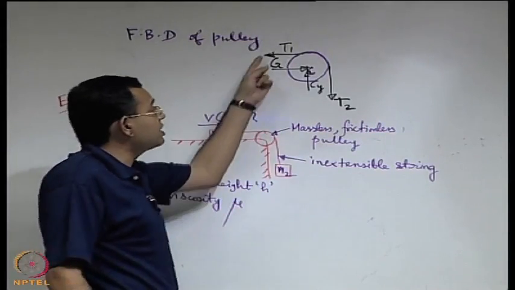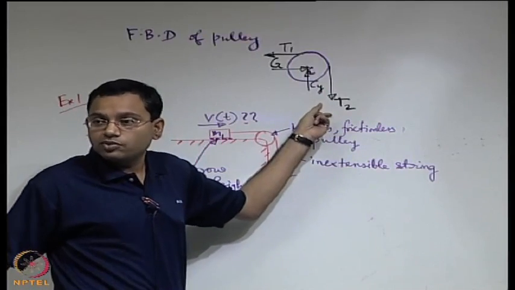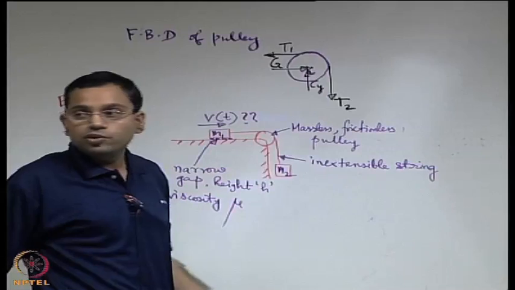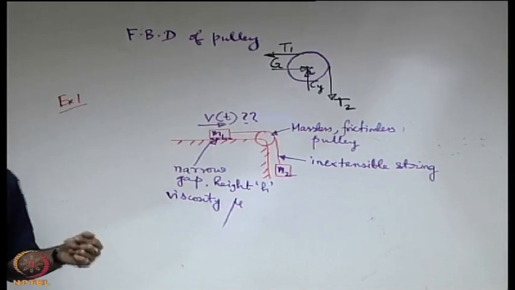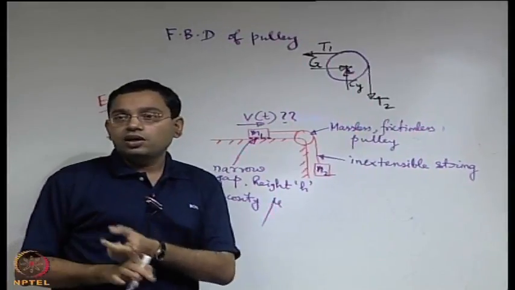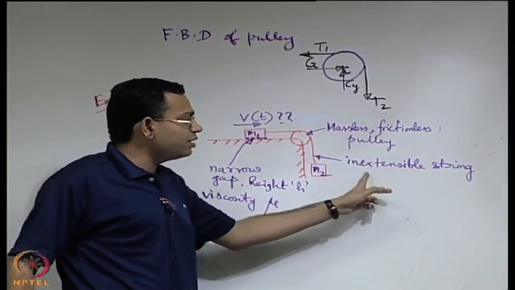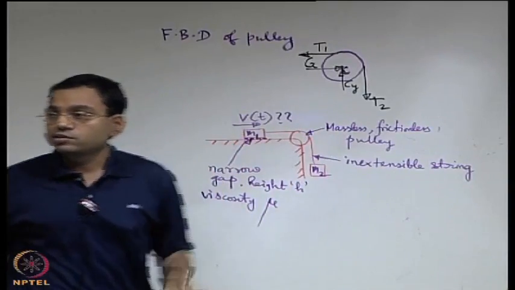For example, if we say T1 equal to T2, we will of course see T1 equal to T2, all of you have learned from your mechanics that it should be like that. Now, can you tell whether T1 equal to T2 is because of massless pulley, frictionless pulley, inextensible string or what?